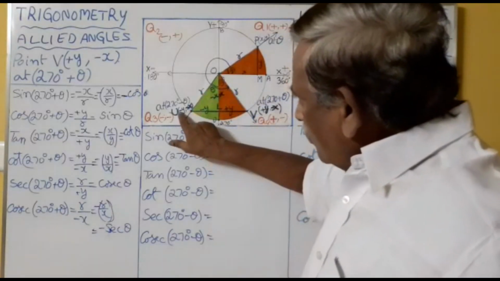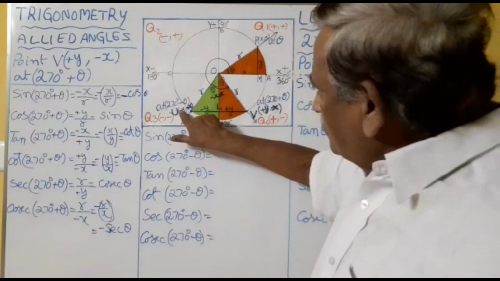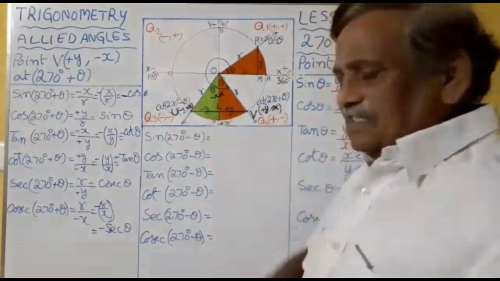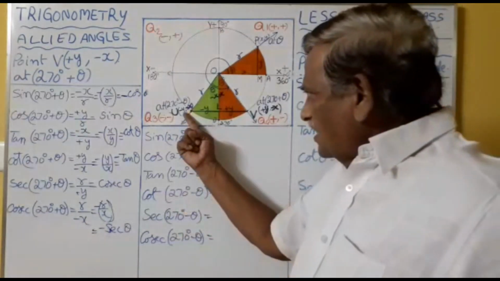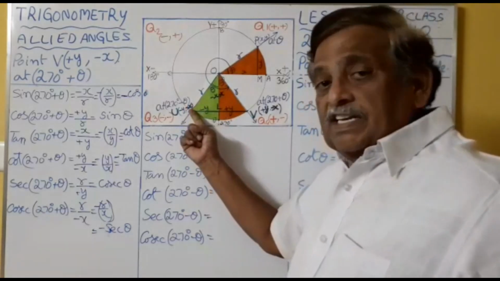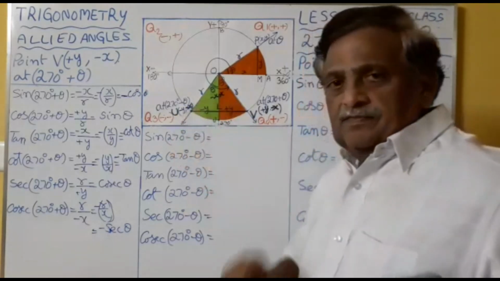That is, the coordinates here are minus y, minus x. The x coordinate is minus y and the y coordinate is minus x for point U.